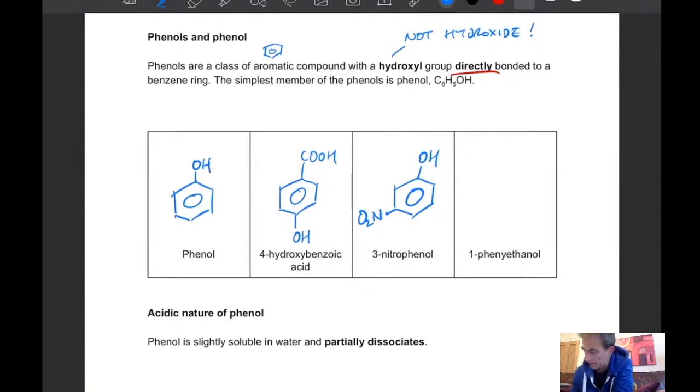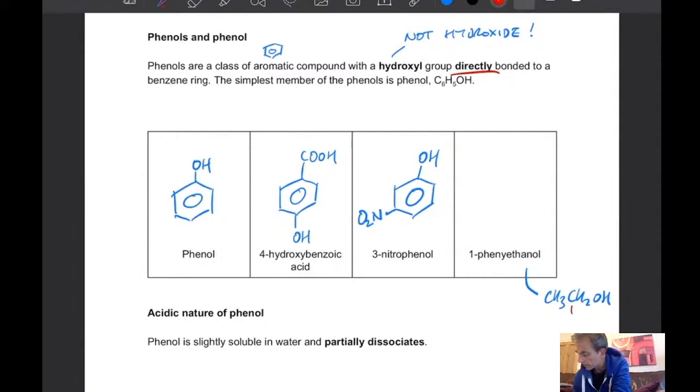Right, and the final one, 1-phenyl ethanol. So let's just think about this. We've got ethanol is CH3CH2OH. Phenyl is obviously a benzene ring without a hydrogen on it. Now I'm just going to do some numbering here. So the carbon that's got the OH group on is actually carbon number 1 in ethanol.